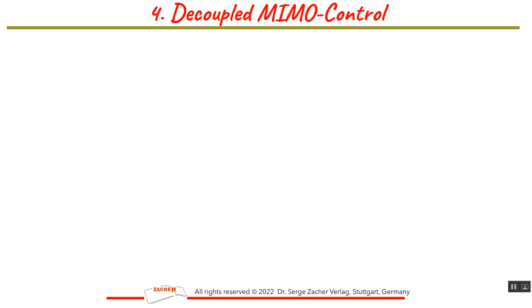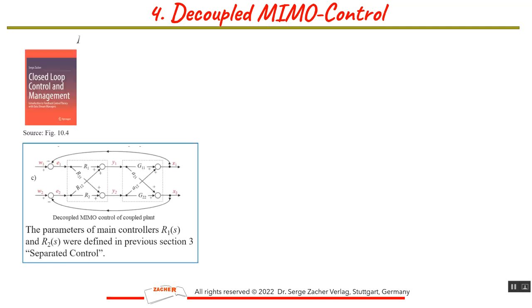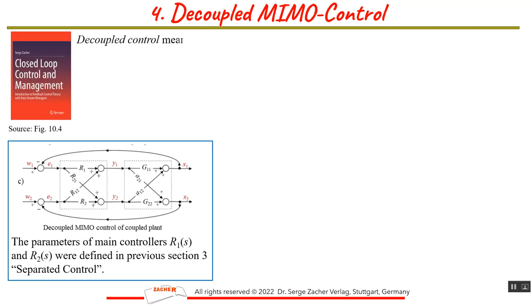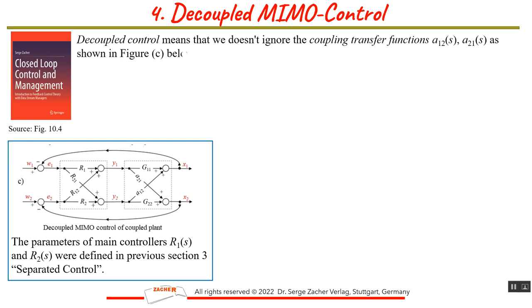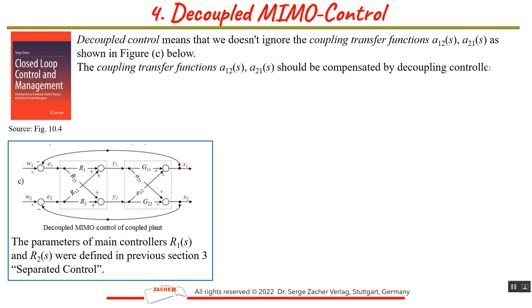Part 4. Decoupled MIMO control. Decoupled control means that we don't ignore the coupling transfer functions A12 and A21, as shown in figure C below. The coupling transfer functions A12 and A21 should be compensated by decoupling controllers R12 and R21.